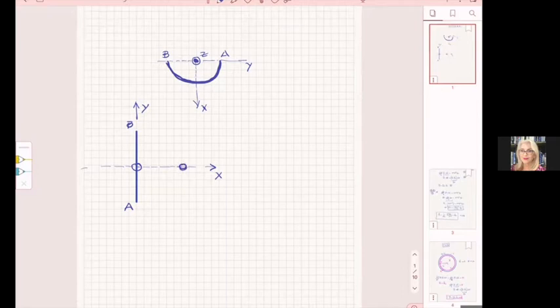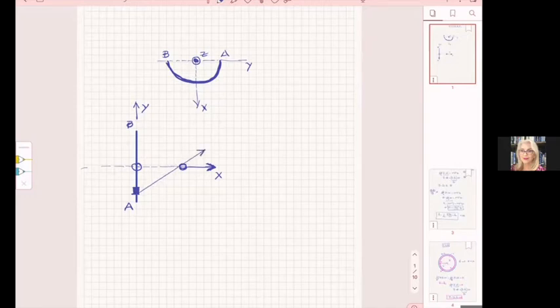Then we found that if this is a positive Q practically, the field here is going to be along that direction, all right? And when we were deriving this and took a piece of this wire here, we found that the field at that point would be like that.